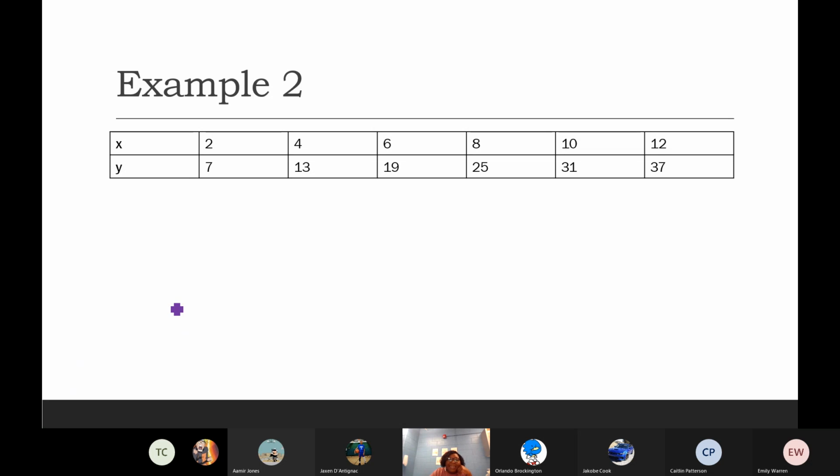So we're looking here at X and Y. And what we really want to be able to look at here, let's write a star statement in our notes.